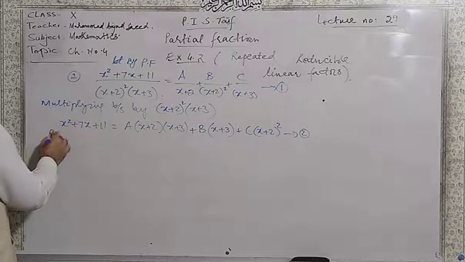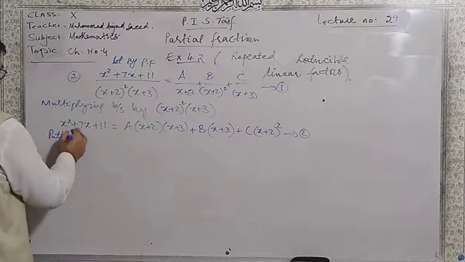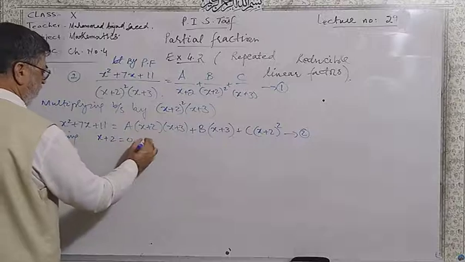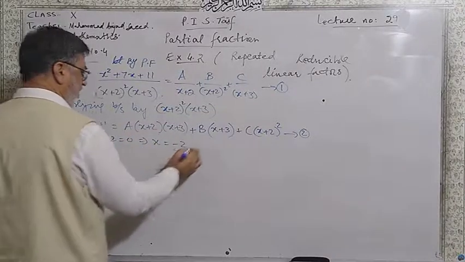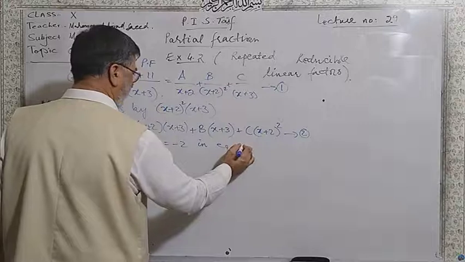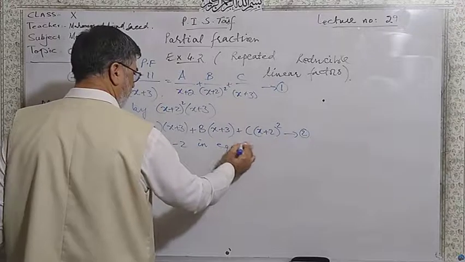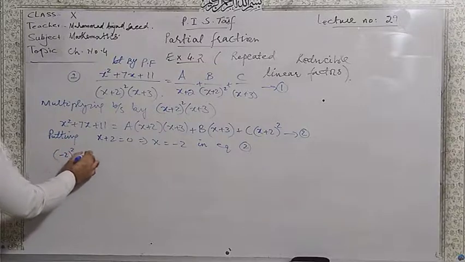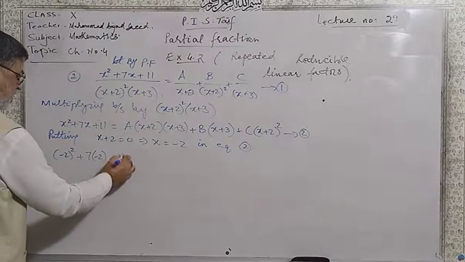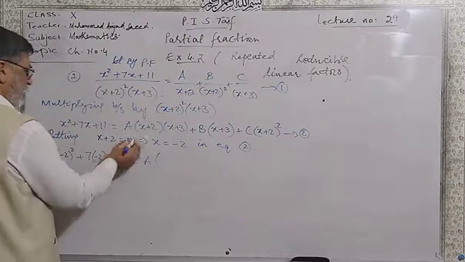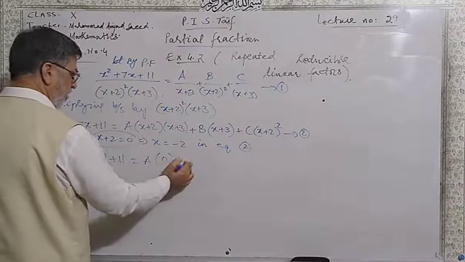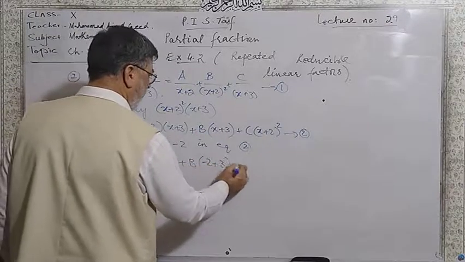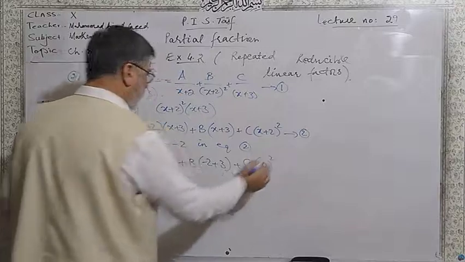By putting method, we will find two constants. Putting x plus 2 is equal to 0 implies that x is equal to minus 2 in equation number 2. So here is minus 2 square, 7 into minus 2 plus 11, a into (x plus 2) equal to 0, b into (minus 2 plus 3) and c into (x plus 2) 0 again.